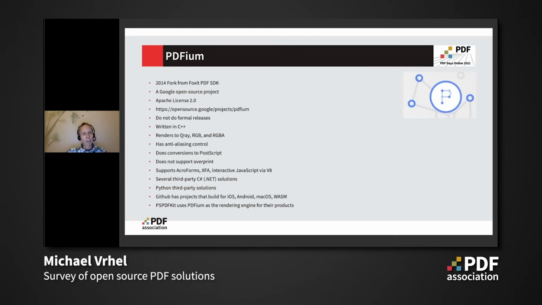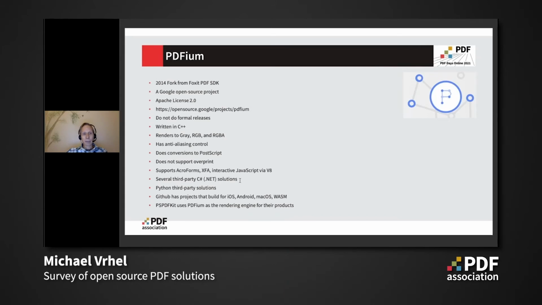It's written in C++, renders to gray, RGB, and RGB alpha. I couldn't find any capability to do CMYK. You can turn off and on anti-aliasing, does conversions to PostScript, does not support overprint, does support AcroForms, XFA, and uses the JavaScript V8 engine of Google's to do the interactive features.